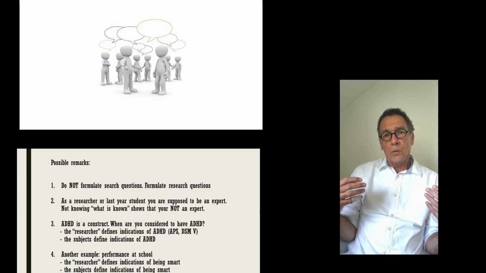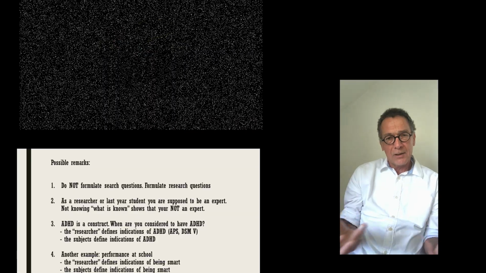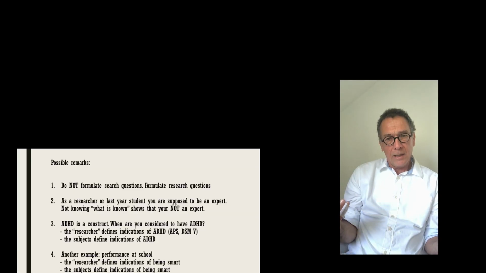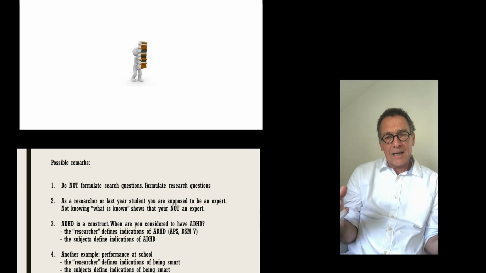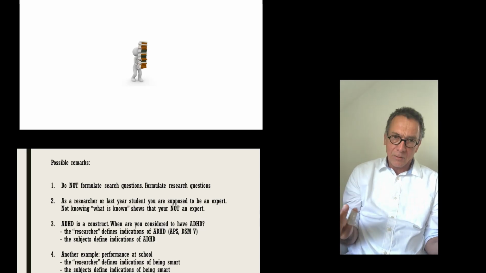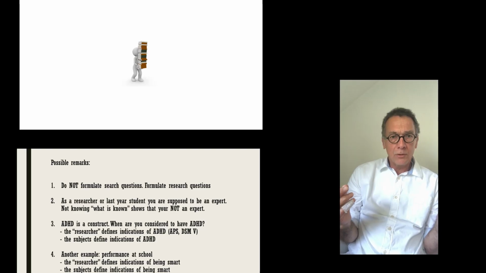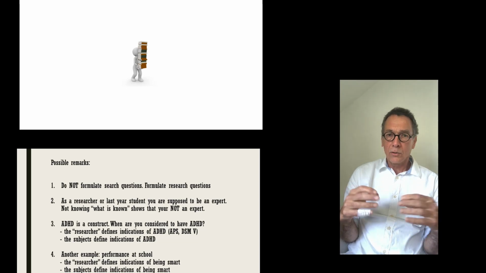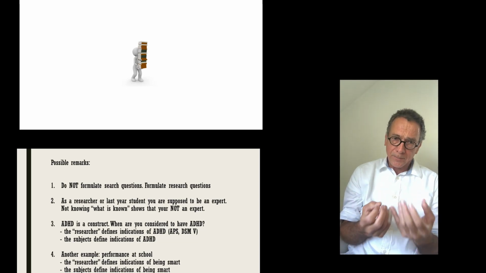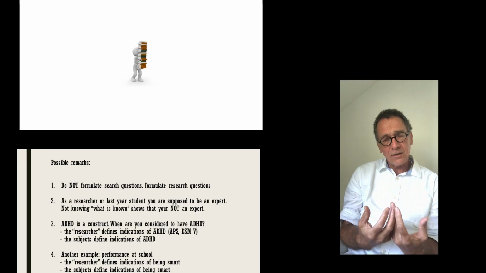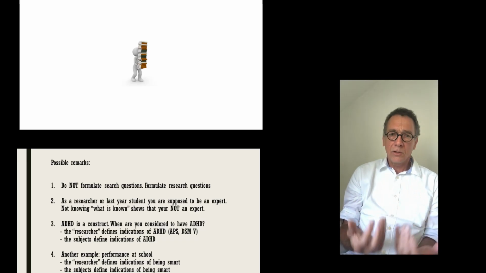So the way someone is looking at your research depends on the way he has been educated. As he has been educated in the empirical analytical tradition, he will say to you, remember, to do this research, you need a validated test to measure ADHD. Or to do this research, you need a validated test to find out if someone is a good student.